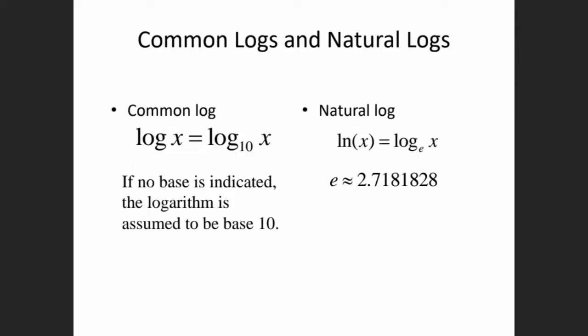Its counterpart is the natural log. Just like we had a natural exponent, we have a natural log. The way we represent the natural log is ln. We say ln of x is equal to the log of base e of x. Again, e is represented by this 2.71 estimation.